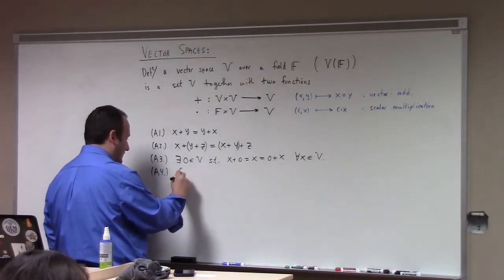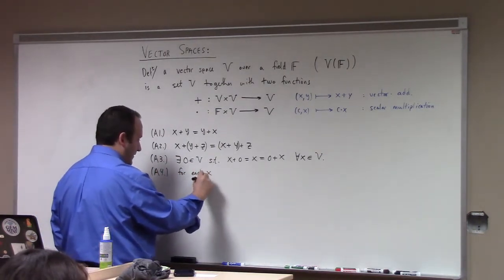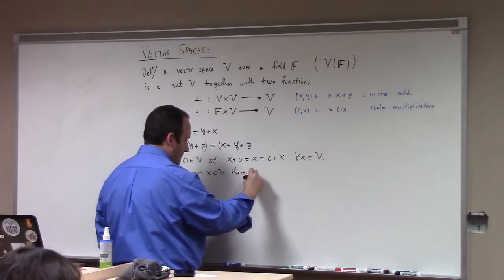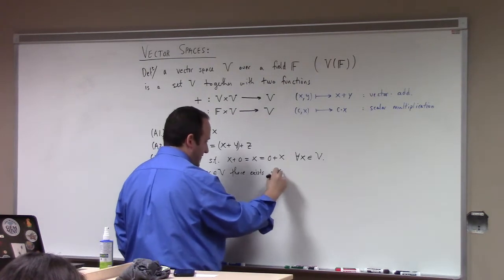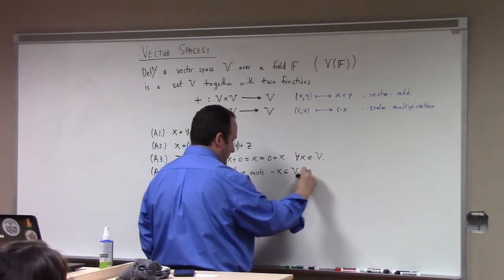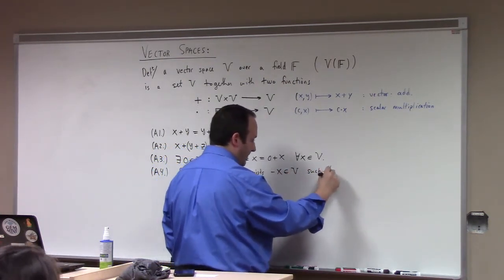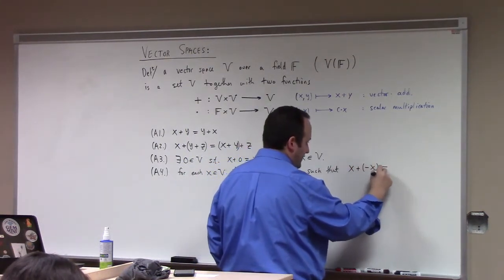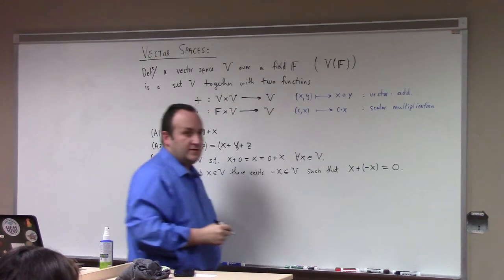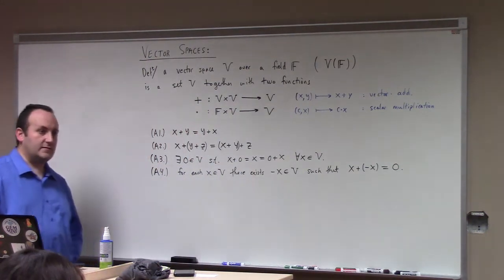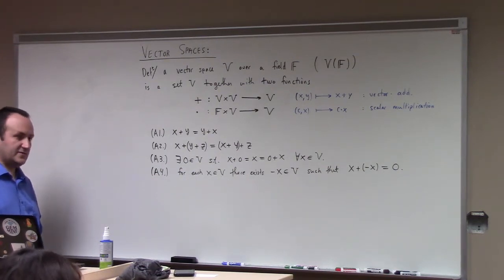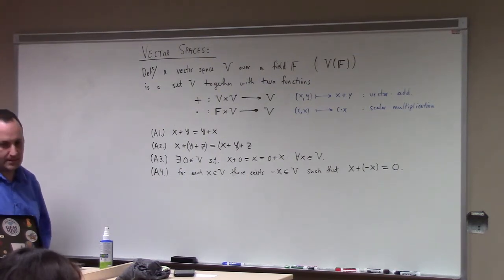Axiom 4 says for each x in V, there exists minus x in V such that x plus minus x equals 0. So every vector has a negation. There's a negative vector for each vector such that when you add the negation of the vector to itself, you get back to the 0 vector. This is axiom 4.